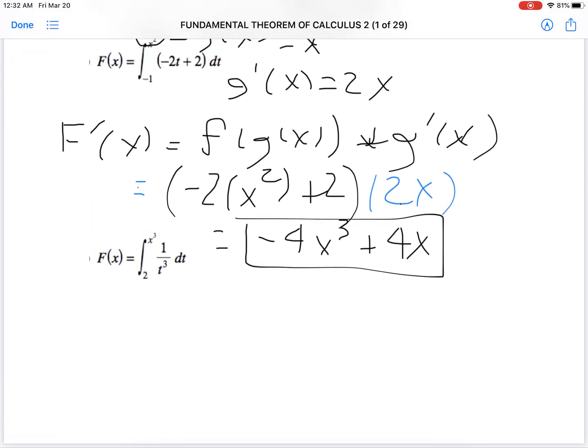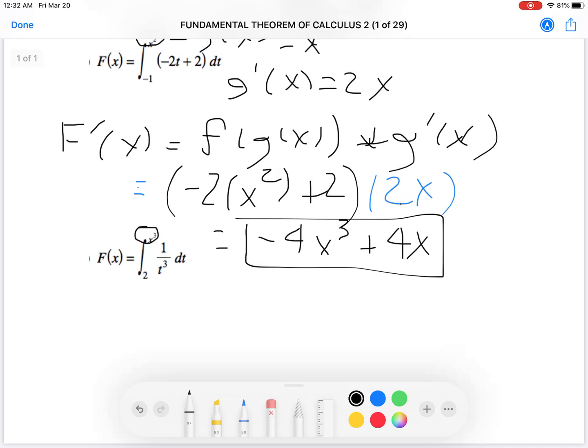All right, the last one here. What I would do for this one is first look at the upper limit of integration, so I'm going to circle that. I'm going to say that g of x is x cubed, and then g prime of x is 3x squared.